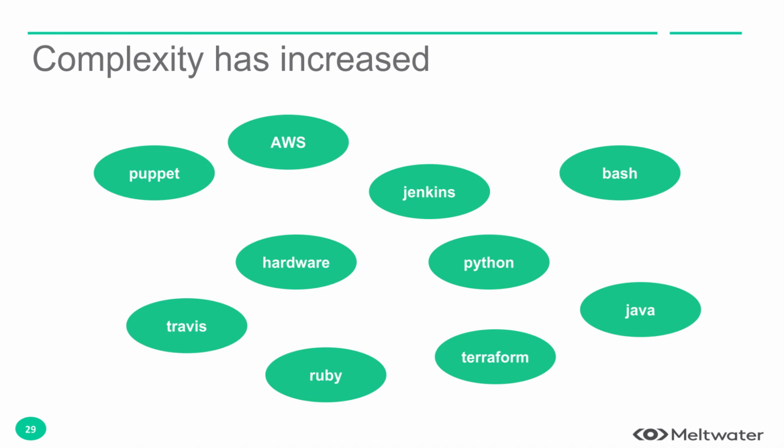Now we add AWS, we add hardware knowledge, we add Python, we add Terraform, Bash, Travis, and a lot of things that I couldn't come up with when I wrote this slide. And the complexity has increased a lot, and as a team we need to get good at a lot more things than we were before. And that's a challenge as well. We have learned a lot since we started working on this, and we have a lot more to learn, I would say.